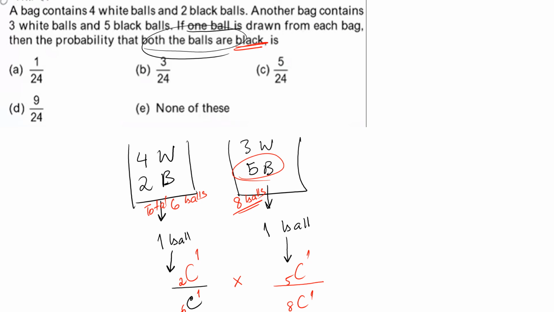So let's try, what is our answer here? Okay, let's make sure that our working is correct. So it will be 2C1 divided by 6C1, that is 2 over 6, and then 5C1 divided by 8C1, that is 5 over 8. So 5 over 24 is the correct answer.